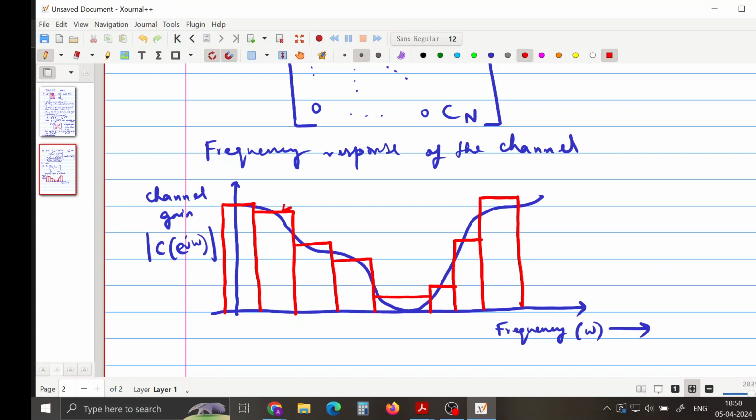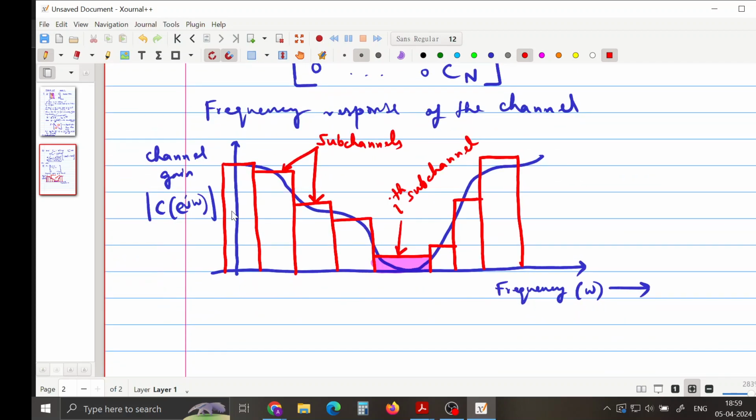So what are these things? These are your subchannels. And this particular subchannel is my ith subchannel in the question, that is in the poor condition.